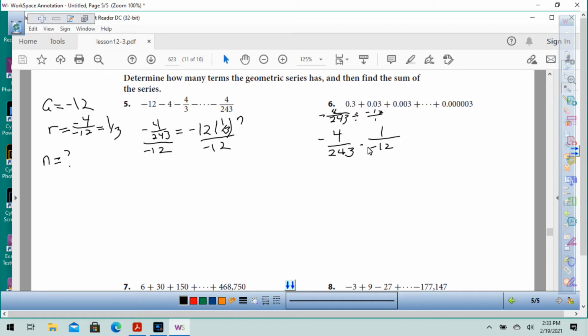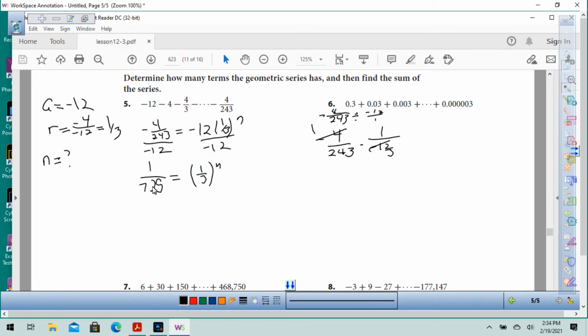Then I inverted and multiplied. So this becomes 1, and that becomes 3. And 3 times 243, 3 times 3 is 9. That's going to be 12. Put a 1, 6, 7, 729 equals 1 over 3 to the nth power.